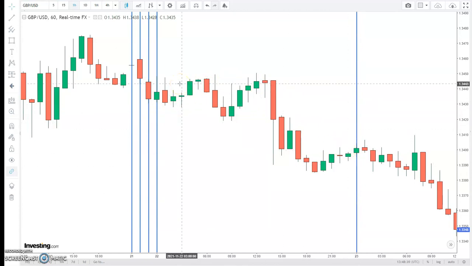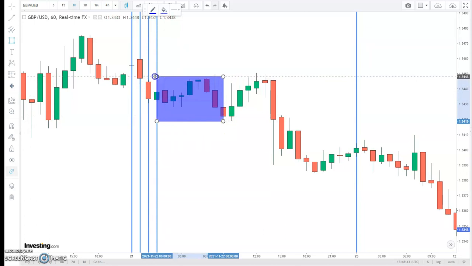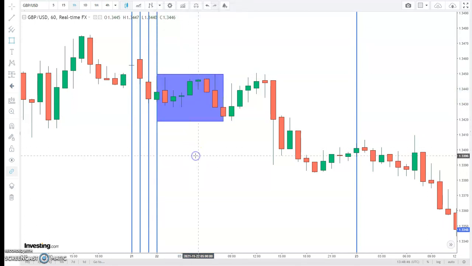How many candles do I need to count to be able to know what is Asia, what is UK, and what is US? I'll tell you why I do that in a minute. So I go to the drawing and I count 1 candle, 2, 3, 4, 5, 6, 7, 8. So it means that that is the low and that is the high, but that is the Asian session.